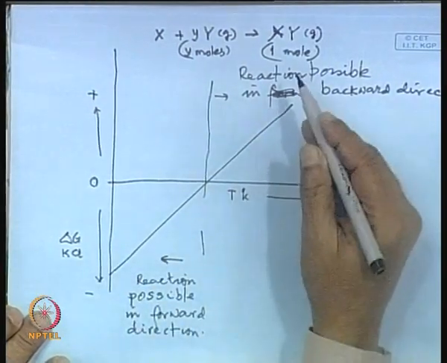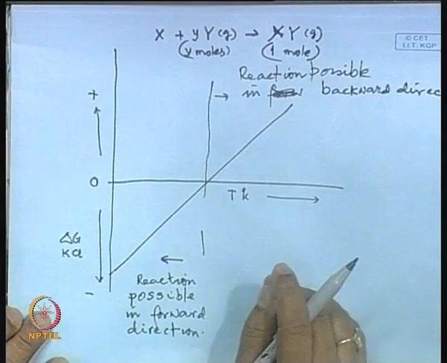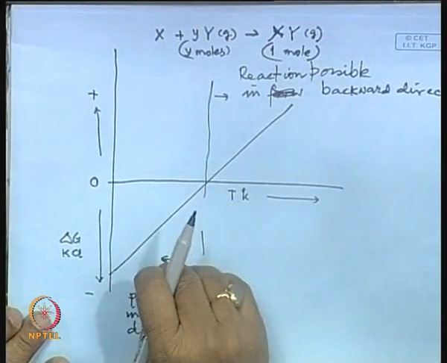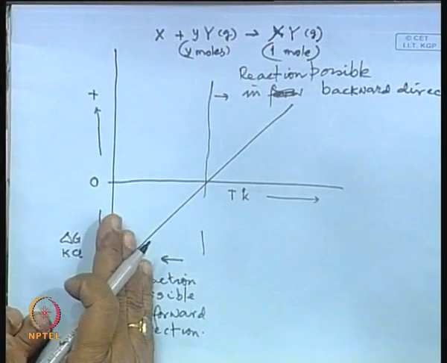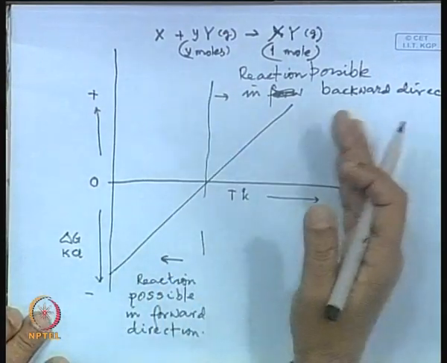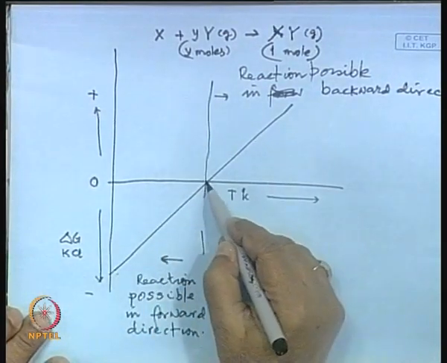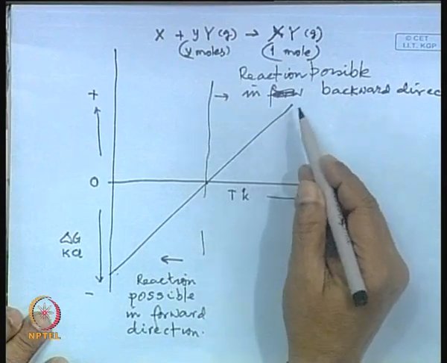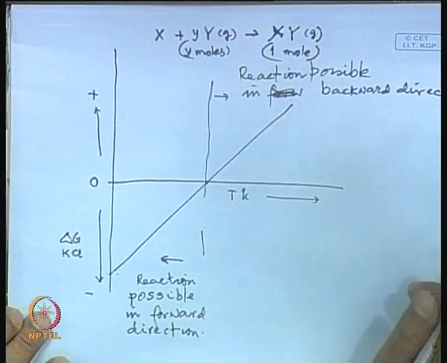So, for the forward reaction, it should be below 0 in this direction, below this temperature. Beyond this temperature, this line must cross the 0, so that the reverse reaction becomes possible.